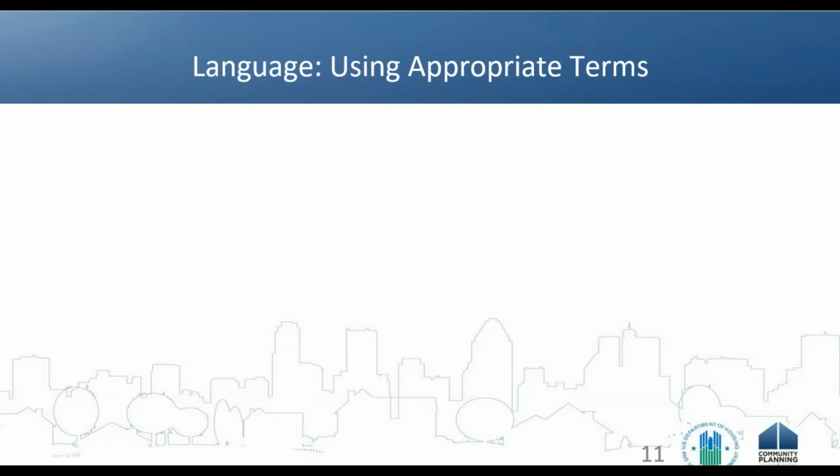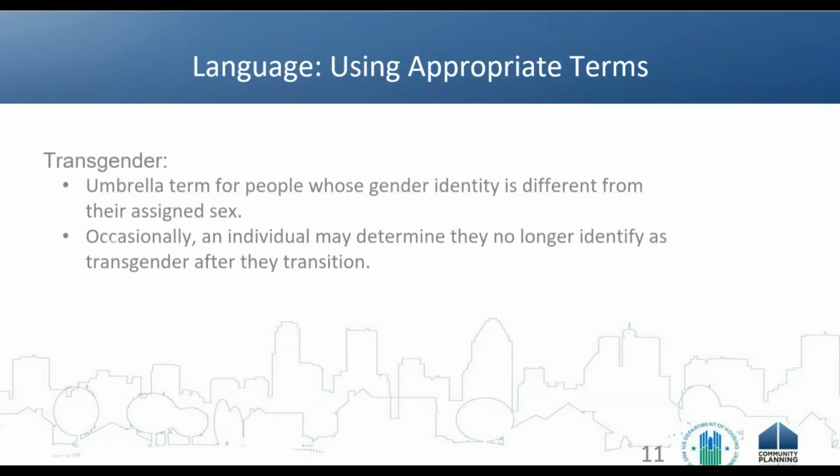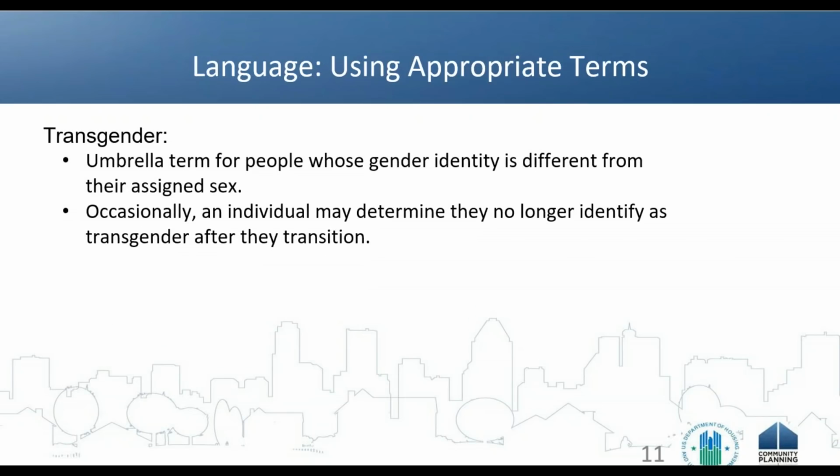Moving on, the next term I wanted to touch on is transgender. And this is the overarching term that's used by the community to describe an individual whose internal sense of who they are, their gender, is different from their sex that was assigned at the time that they were born.